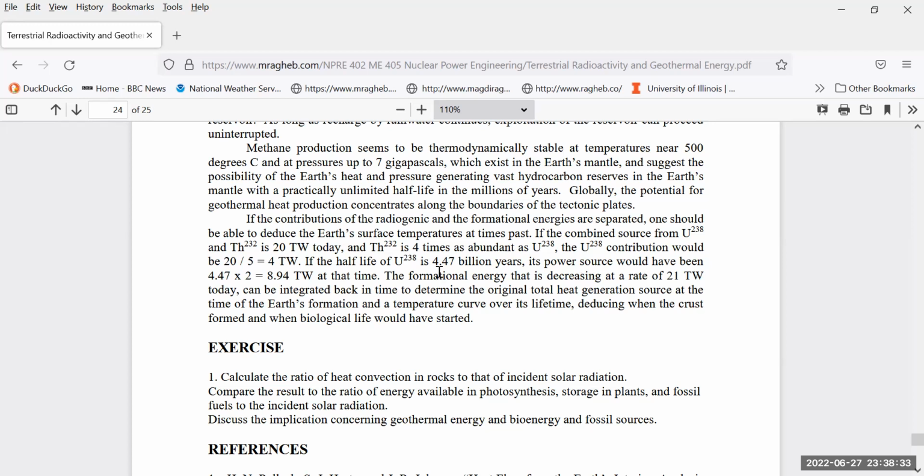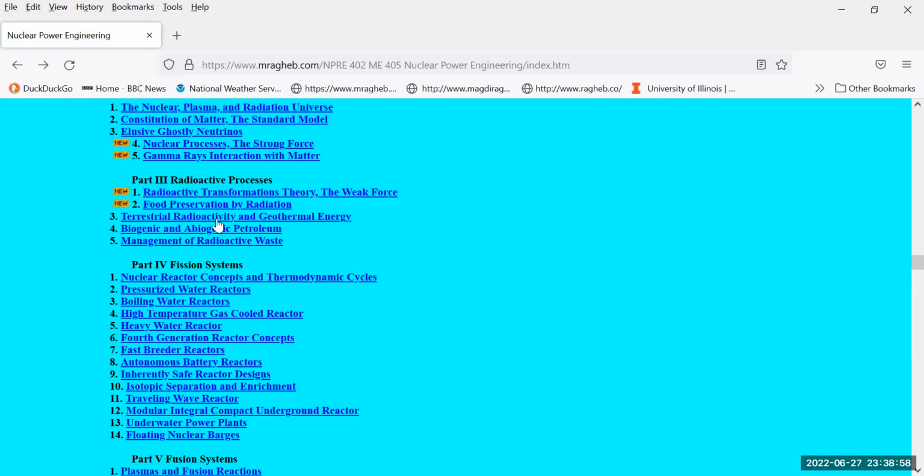So its power source would have been 8.94 terawatts in the past. The formational energy is decreasing because radioactivity decreases, at the rate of 21 terawatts today. You'll find that you can deduce when the crust formed and when biological life would have started on Earth. So this is about how radioactivity contributes to geothermal energy formation.